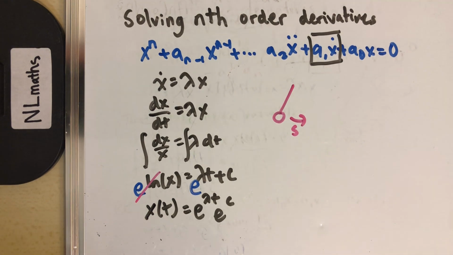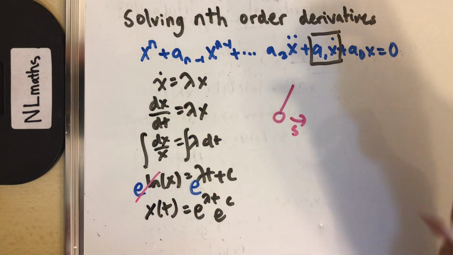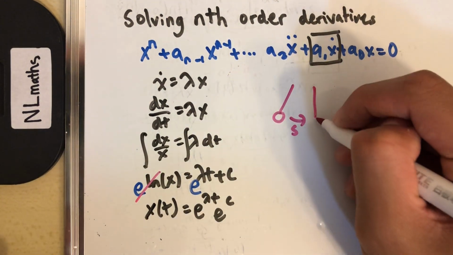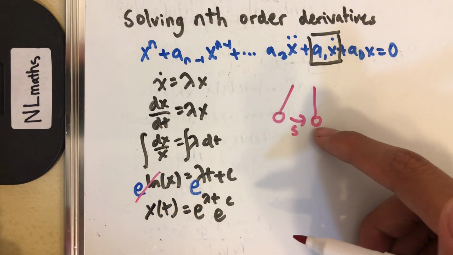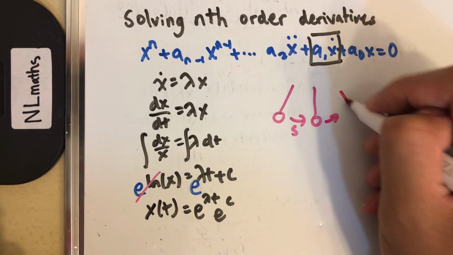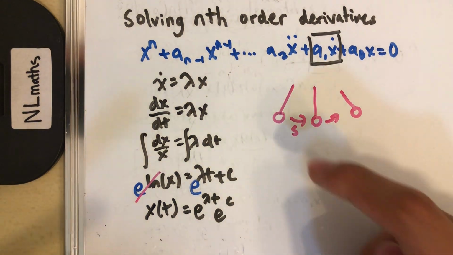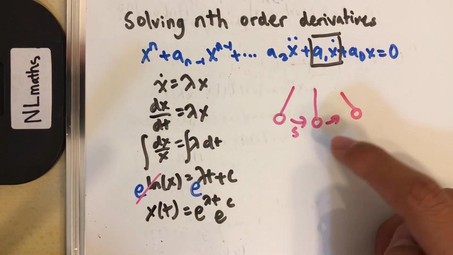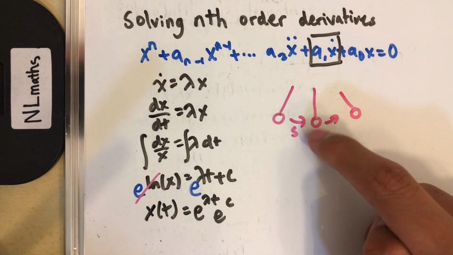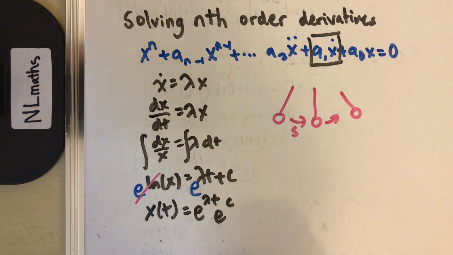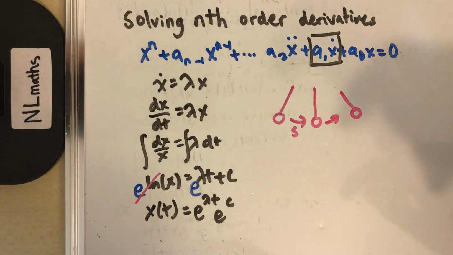But maybe after 1 second, with this speed, it's going to reach the middle. However, if you are at the middle and you're still going at that speed, you're going to end up here. So different initial conditions will lead to different answers. So maybe if your initial condition was this, then your answer is this. But if your initial condition was this, then your answer is this. So it's very different.